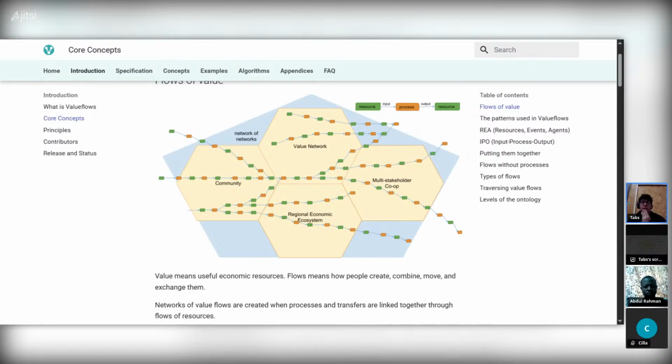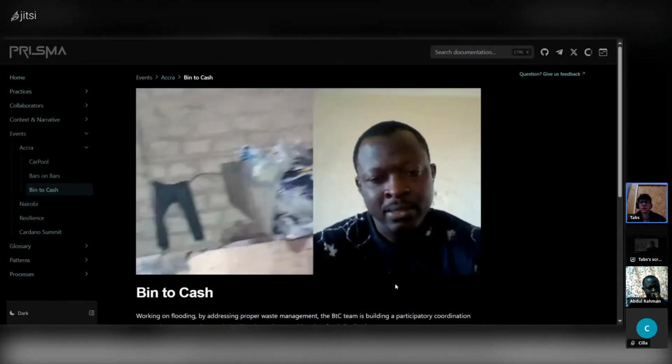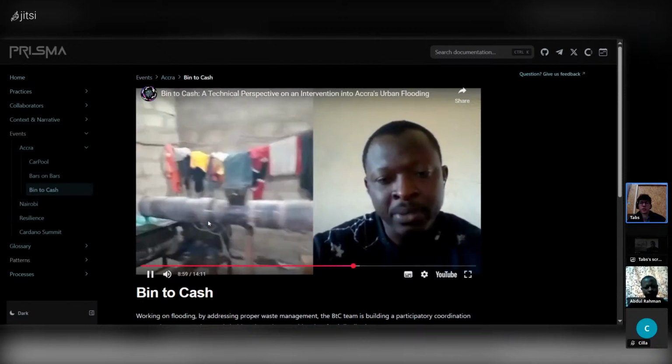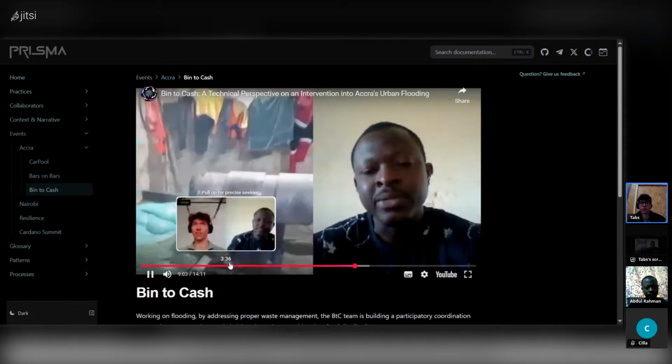So it would be like that we're trying to make visible here. The trash goes in, is being converted into recycling material.